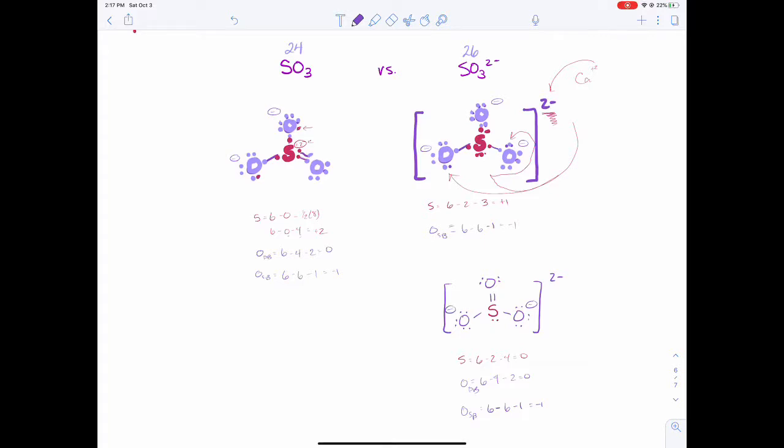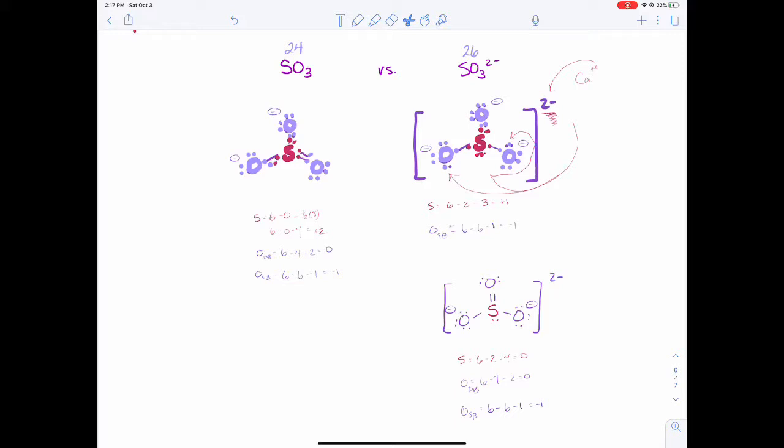Now we're going to look at this one over here and see if there's something we can do to help this one on this side. Remember again, sulfur can move around and be more comfortable, because that sulfur atom can take more than 8 electrons. So we could do that, and we could do that.